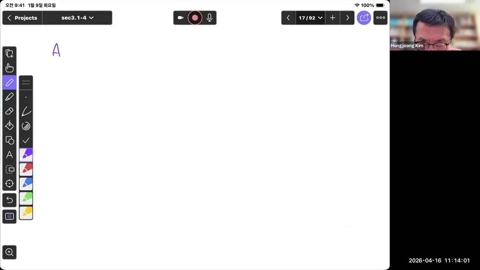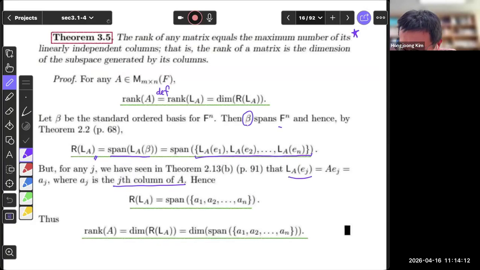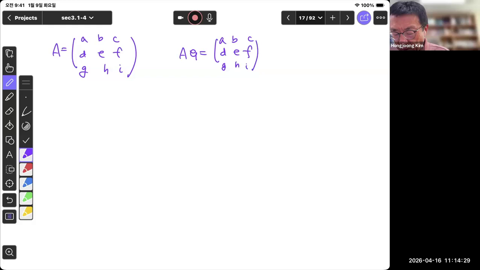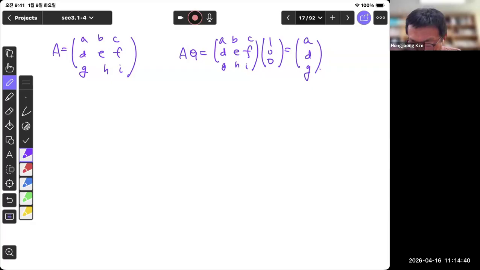I mean, suppose that A is the matrix with entries A, B, C, D, E, F, G, H, I. Then A times E1, that is 1, 0, 0, will be A, D, G. Or, right?